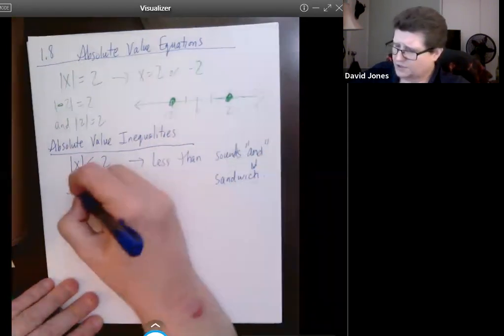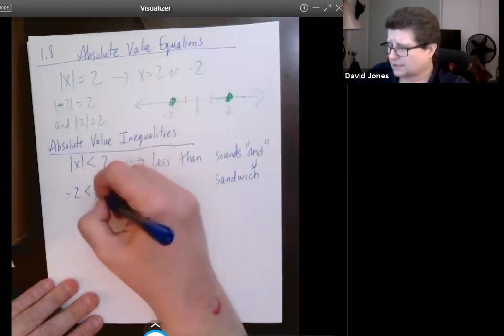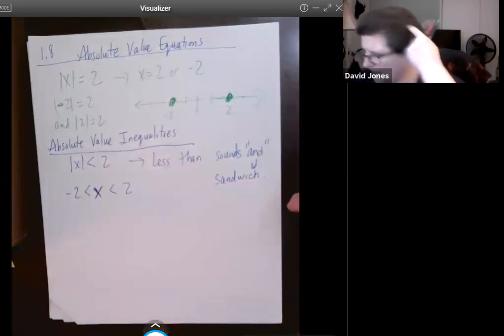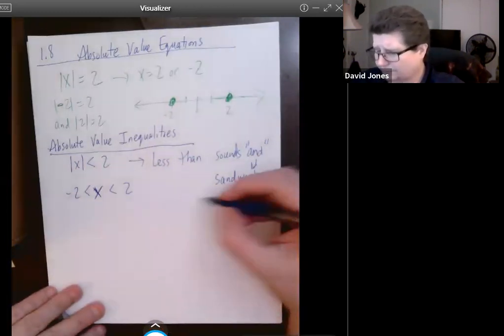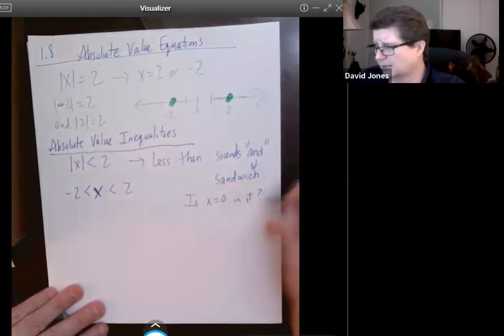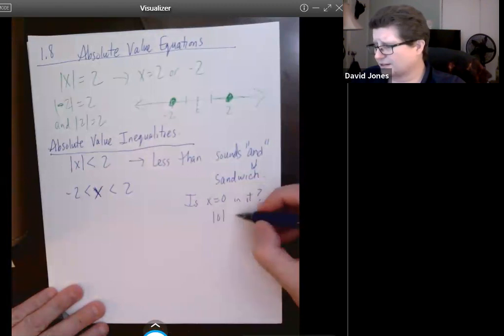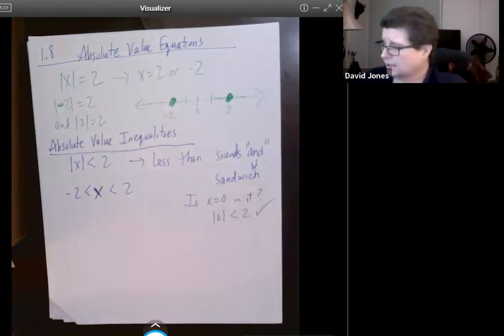This means -2 is less than x less than 2. If you're not sure, check values. Is x equals 0 in it? The absolute value of 0 is less than 2. Yes. So we do have in between.